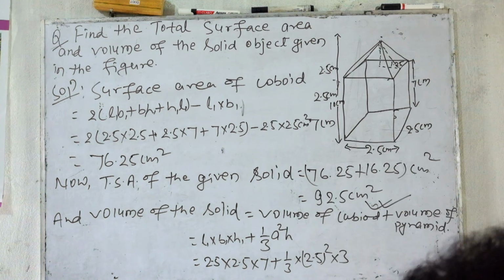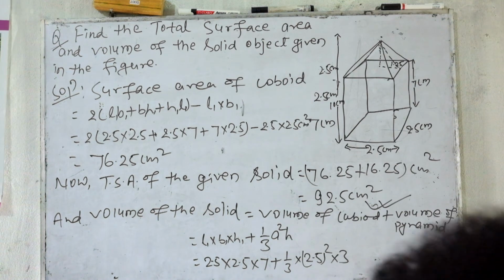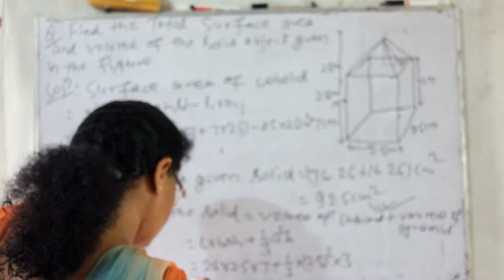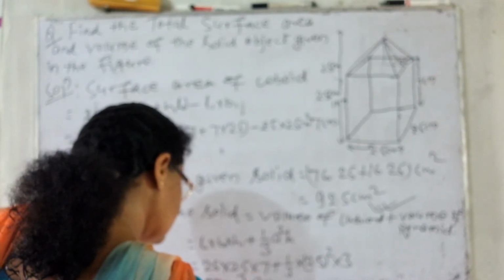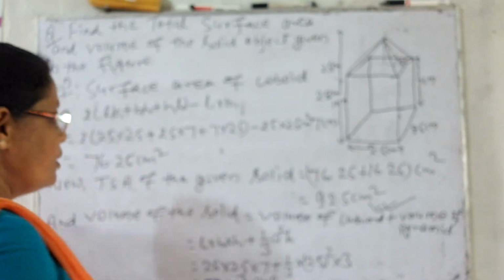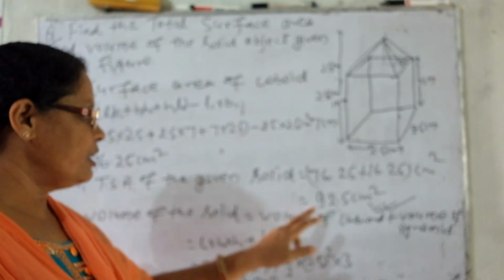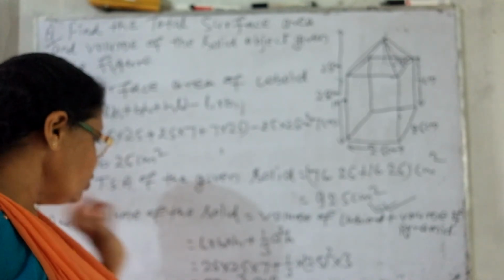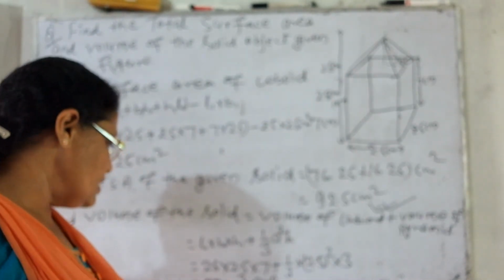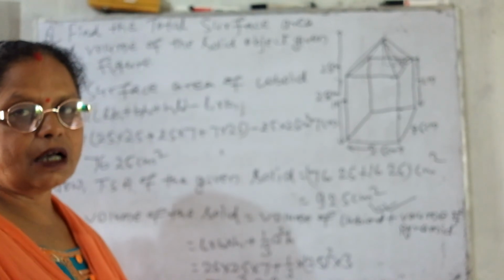After solving this you will get 50 meter cube. It is its volume. So the surface area of this given solid is 92.5 cm square and the volume of this solid is 50 meter cube. That is our answer.